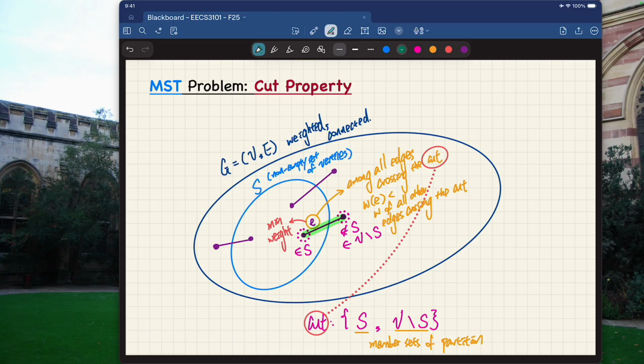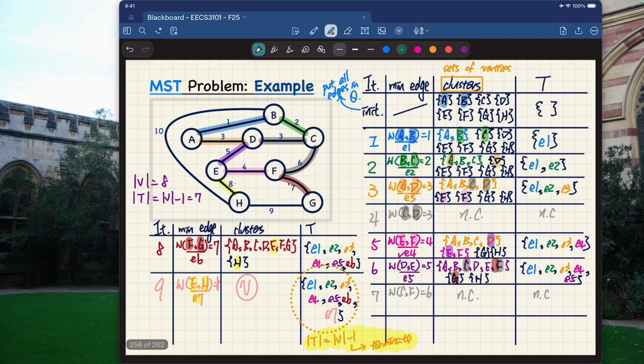Okay, let's now write this down. There is an MST. Let's call it T, because that's the T we use in Kruskal's algorithm, such that E is a member of T. If you look back at Kruskal's algorithm, T there contains only E1, which is this edge over here.